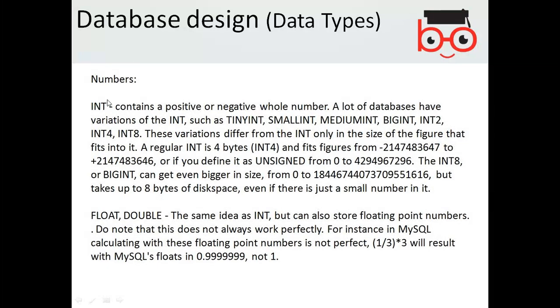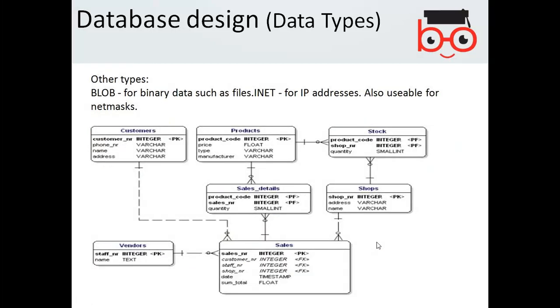Numbers have particular starting and ending points. Float and double have particular ranges. Another type is blob, binary data. They have particular linkages, and so these are the advanced types.